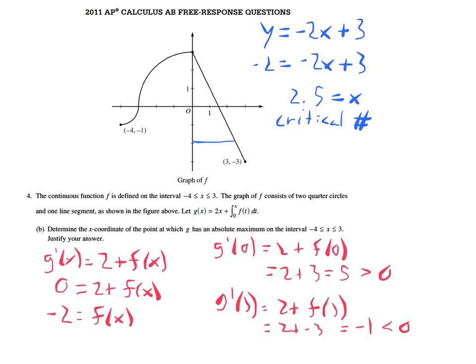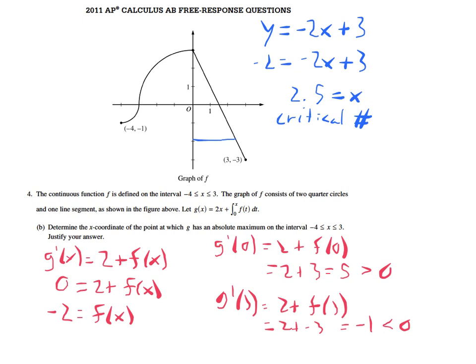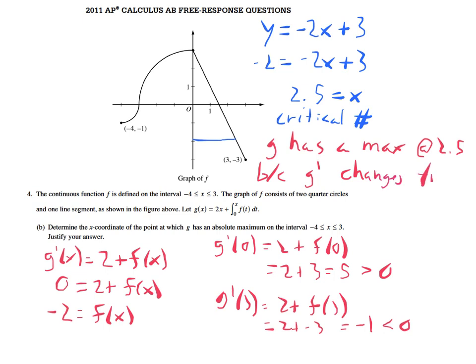So the x-coordinate that we're looking for is 2.5, and we can say g has a max at 2.5 because g prime changes from positive to negative at x equals 2.5.